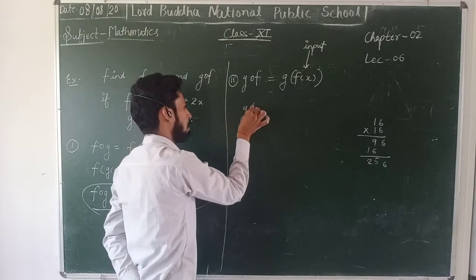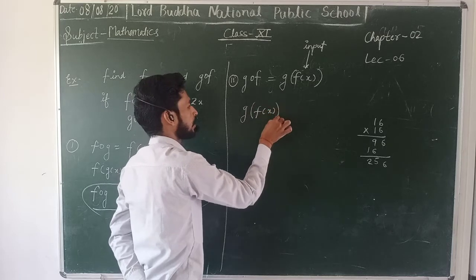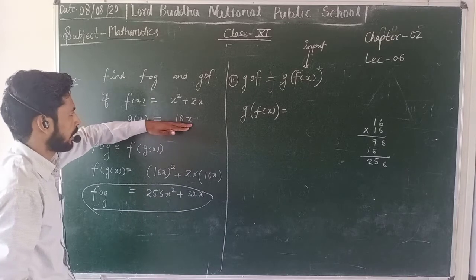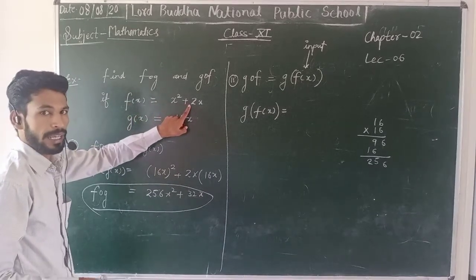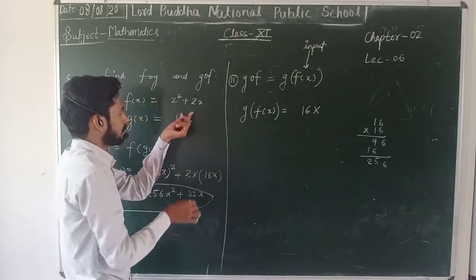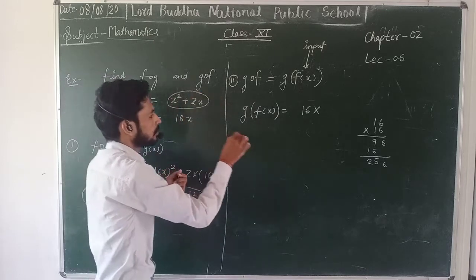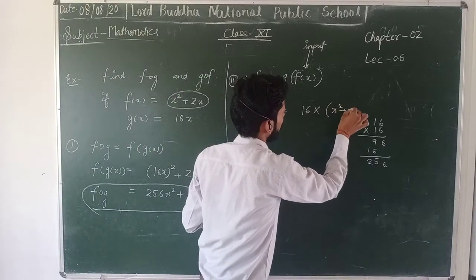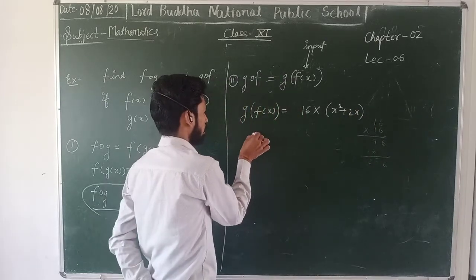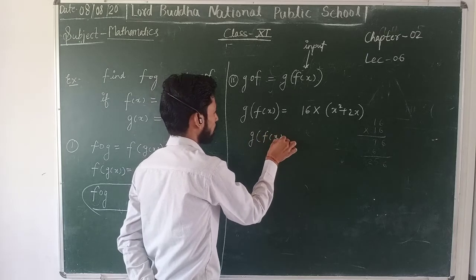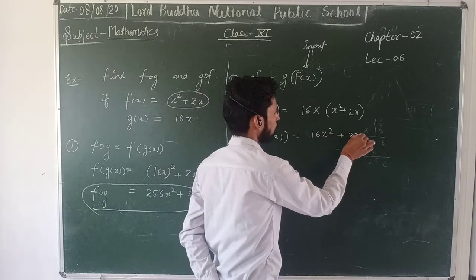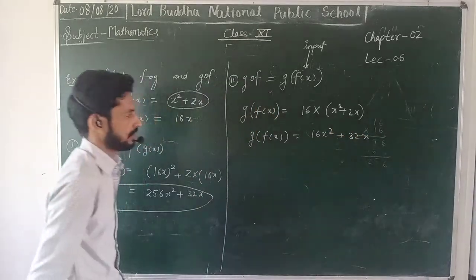Now g of f of x is equal to, we have to take this function and f of x will be the input variable. So 16 into, in place of x we put x square plus 2x. So you can multiply this value, like 16x square and 16 times 2 is 32x, that is the answer.